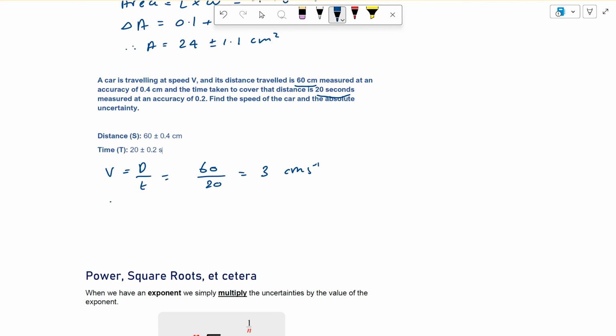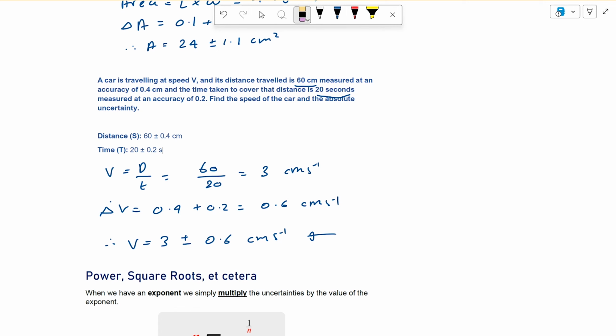And to find the absolute uncertainty, we simply add both absolute uncertainties. So delta V is equal to 0.4 plus 0.2 is equal to 0.6 centimeters per second, which therefore V is equal to 3 plus minus 0.6, and that's your answer.